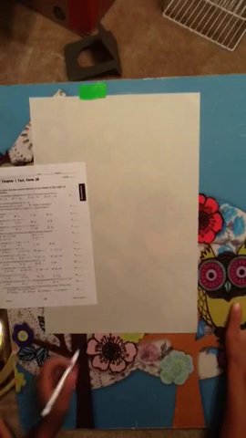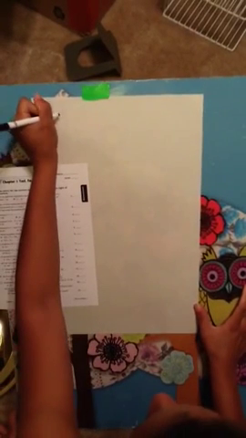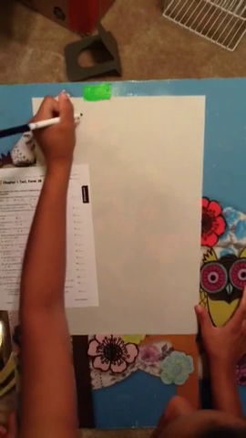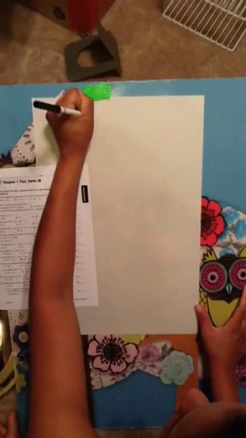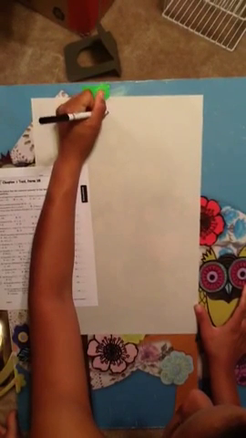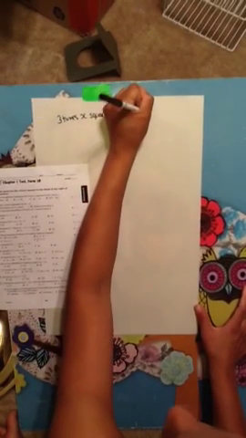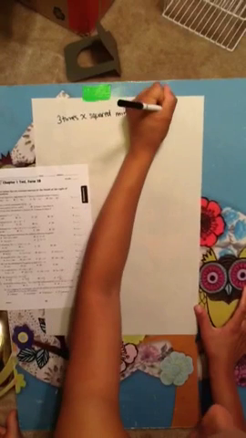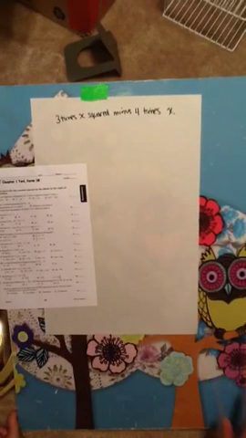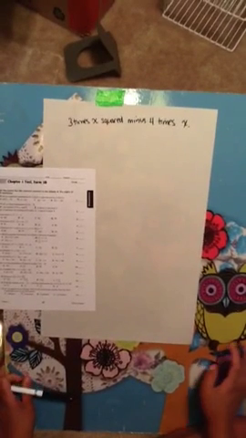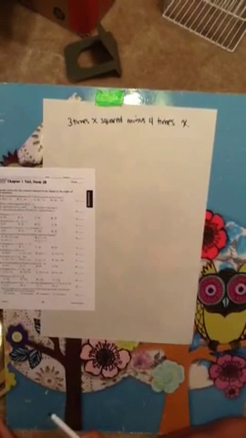The first question says write an expression for 3 times x squared minus 4 times x. Alright, so what we want to do is just evaluate what operations are actually happening.